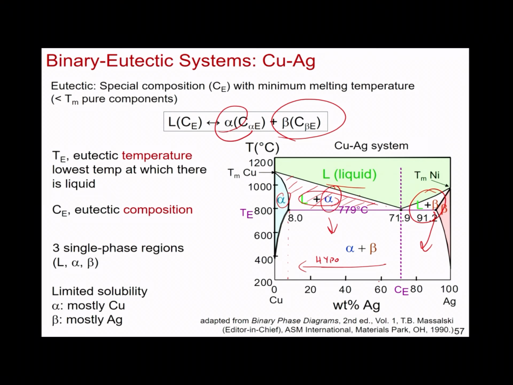There is a chance, because of statistics, that silver could go onto an interstitial site. That is highly unlikely because, as we've seen, when you put a larger atom into a small site, it's possible, but energetically unfavorable.